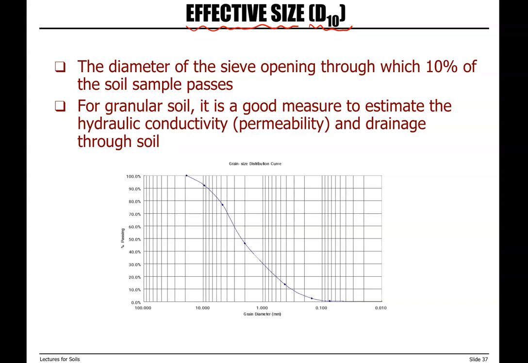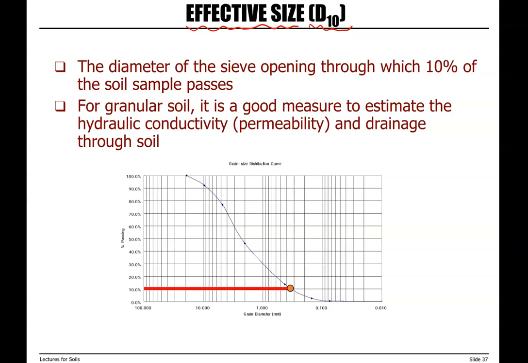It can be a good measure to estimate the hydraulic conductivity or permeability and drainage through soil. So, effective size is very important for granular soil. It can let us know how good the permeability is.